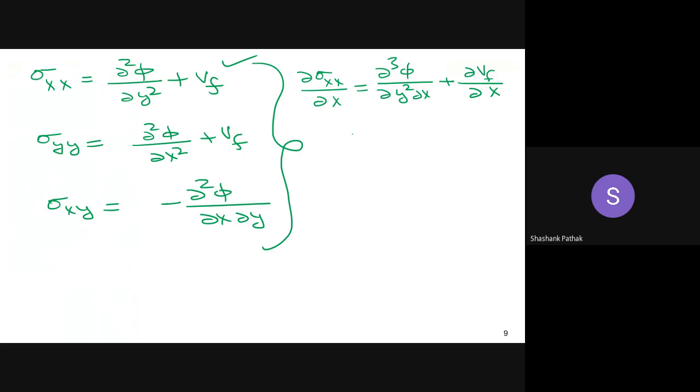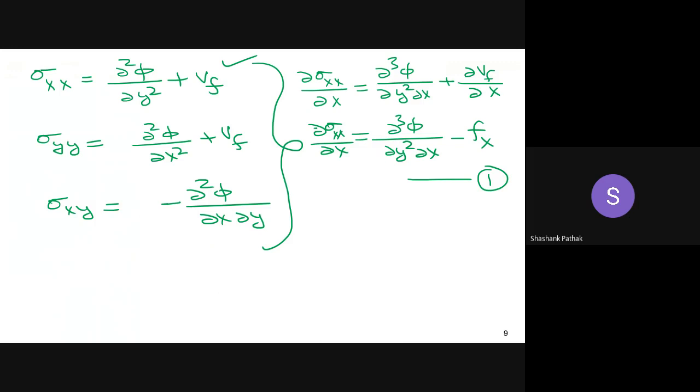Now this can be written as del 3 phi by del y square del x minus fx, because del Vf by del x is equal to minus fx, that I have already defined. Let us define this as equation number 1.